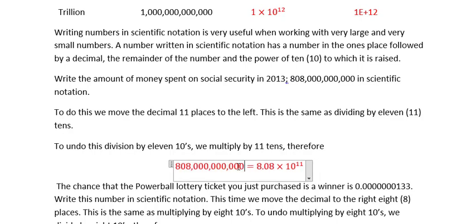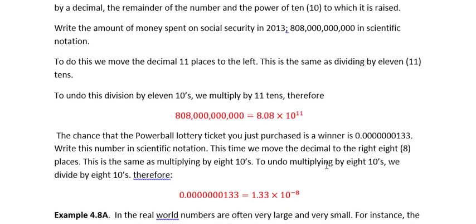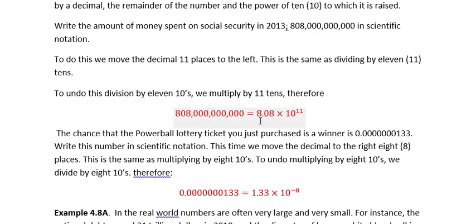That's where the decimal is, and we move it 1, 2, 3, 4, 5, 6, 7, 8, 9, 10, 11 places. If you divide it by 11 tens and get 808, to get the same number back, you have to multiply it by 11 tens, because that's what you're doing, dividing by 10, dividing by 10, dividing by 10. Scientific notation always has a whole number and then a decimal, and then the rest of it.